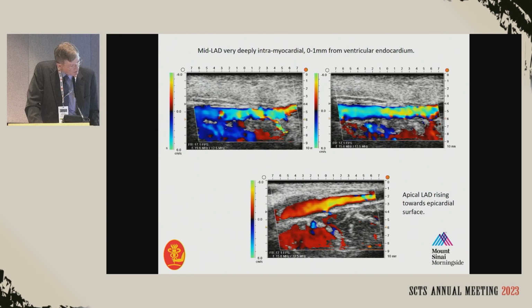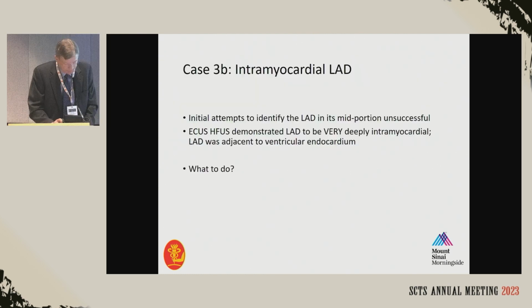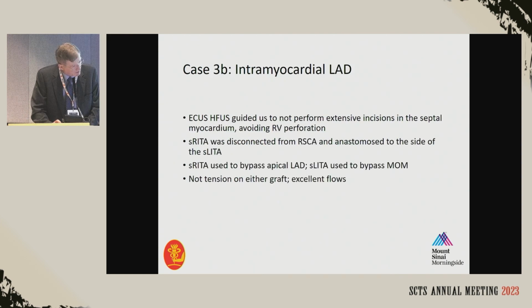There's essentially 0 to 1 millimeter distance between the ventricle and the posterior wall of the LAD. Now, more distally, you can see the LAD rising towards the epicardial surface. So we initially had a go at finding it in the middle, of course. Then we got the ultrasound probe out and found it was very deep, too deep. What to do?